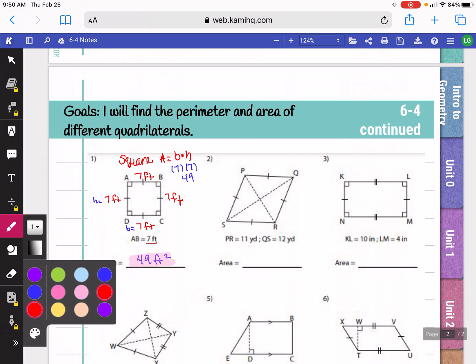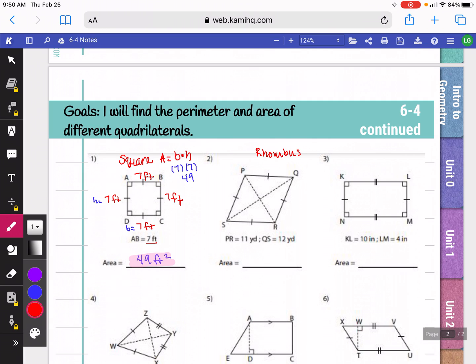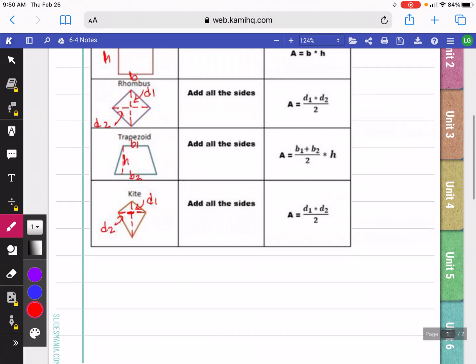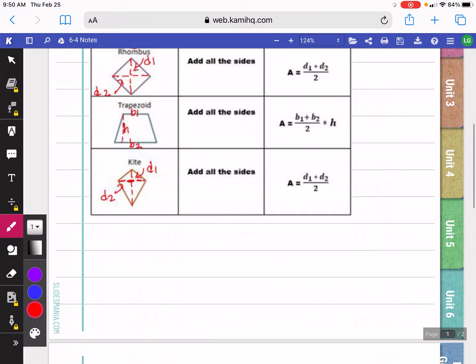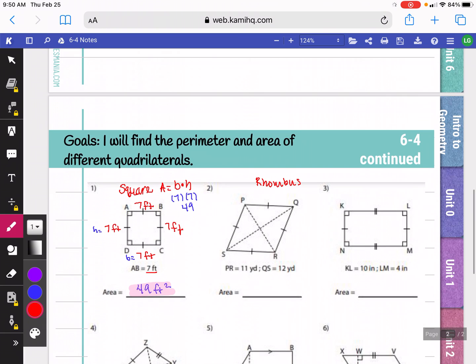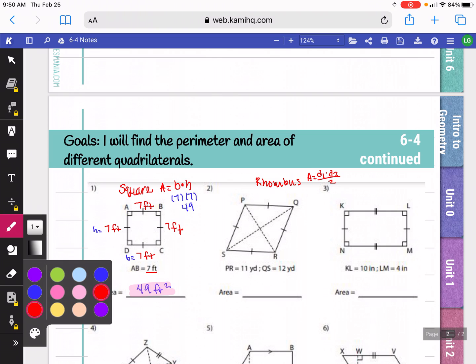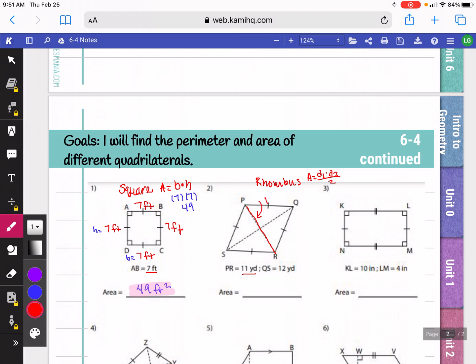In our next example, we have a rhombus. So we look up the formula for area of a rhombus. We're going to do diagonal 1 times diagonal 2 and divide by 2. Here PR equals 11 yards. That's going to be one of our diagonals, so I can call that diagonal 1. QS equals 12 yards.